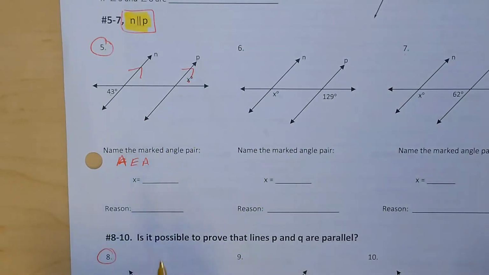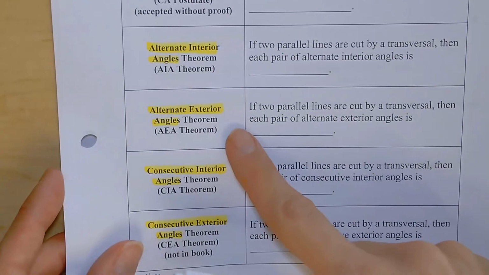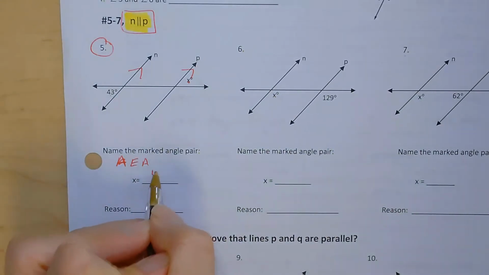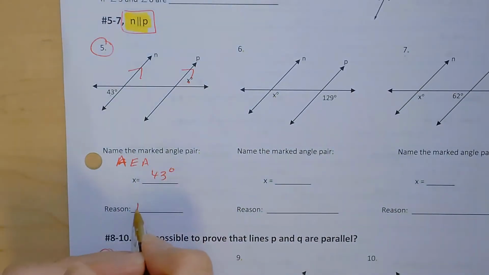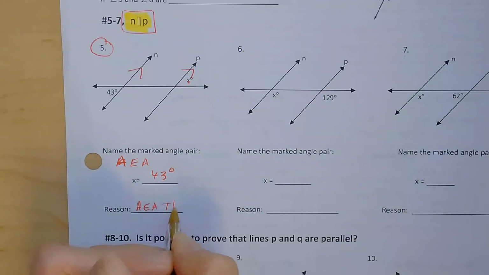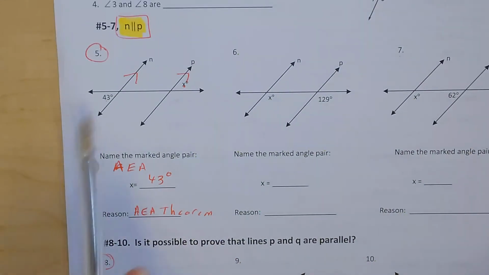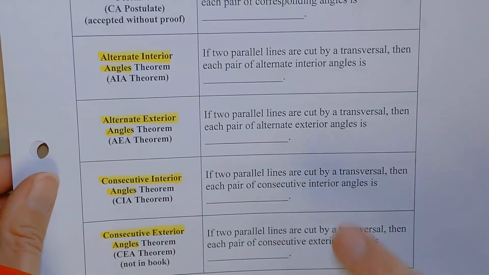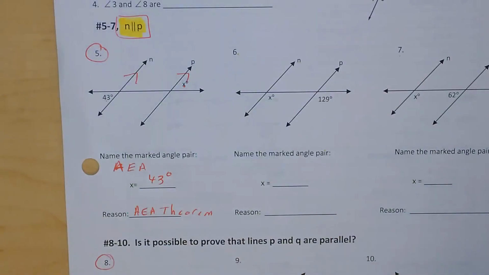Well, if I have alternate exterior angles, then I know that my alternate exterior angles will be congruent because I know that I have parallel lines. So this is an old reason. So x will be 43 degrees, and I will use the AEA theorem. And the reason, again, why I'm using the theorem is because I already knew lines were parallel. So I'm using some of these old ones that I've got from the old stuff that we were learning, if you know your lines are parallel.